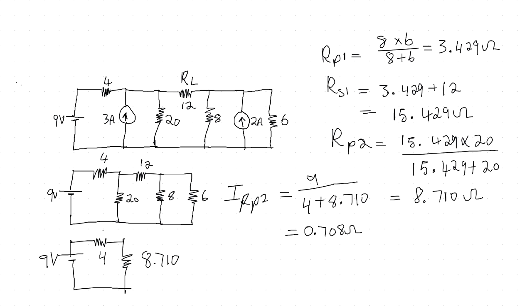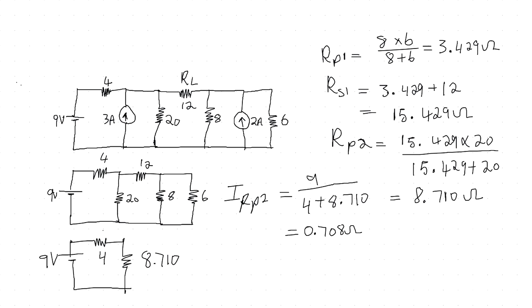So what is the combination of RP2? What formed RP2? RP2 is formed by RP1 and my RL. And how are they connected? They are connected in series.